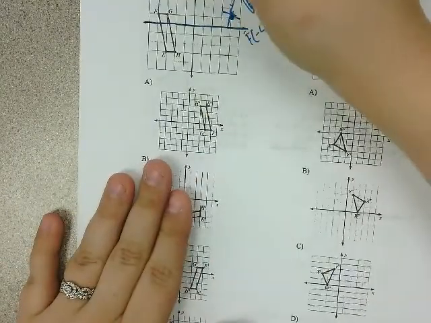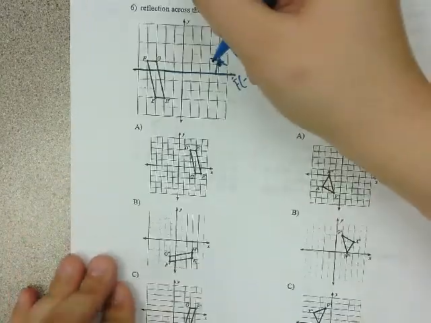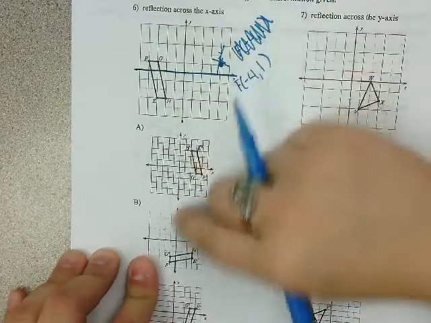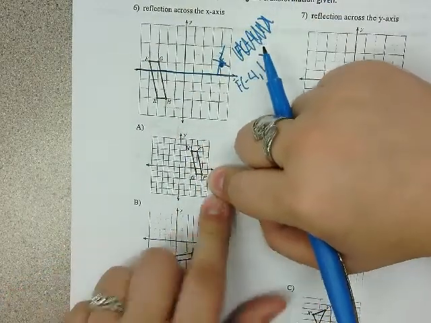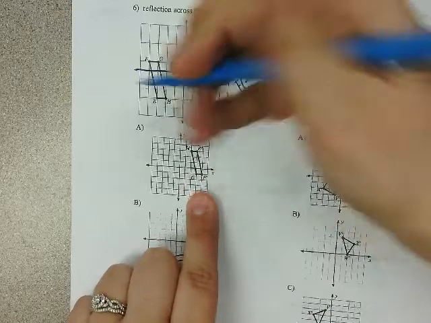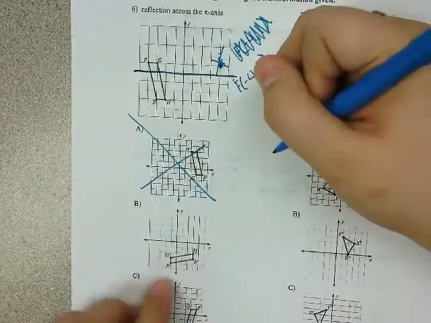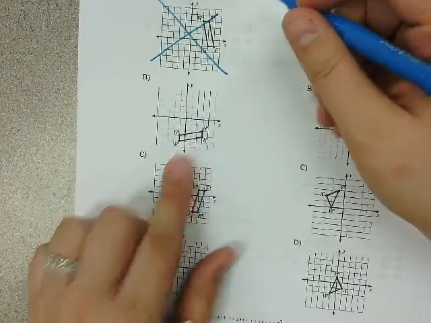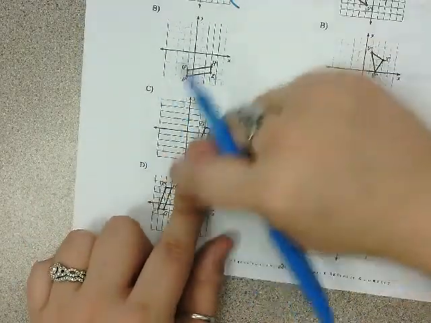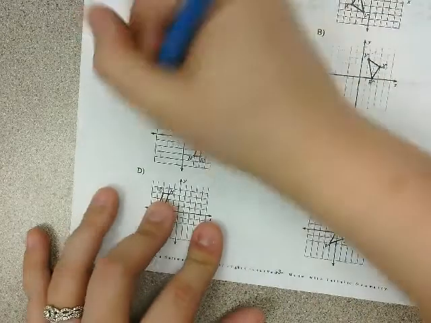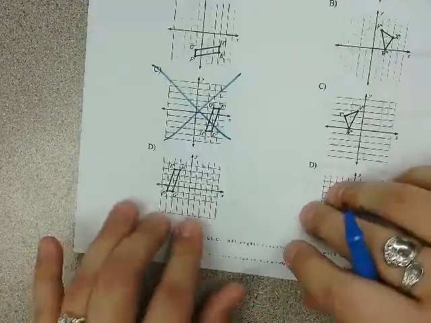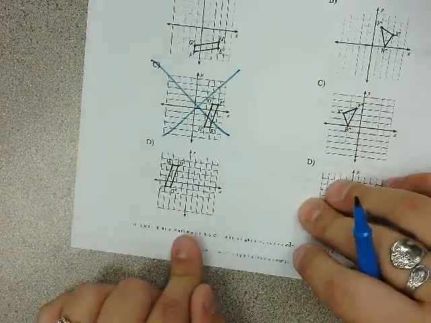So we're reflecting across the x-axis, right? Okay. So this is a reflection across the y, because it's over here. It is not A. All right. It could still possibly be B. C is reflecting across the y-axis, so it is not C. And it could possibly still be D.